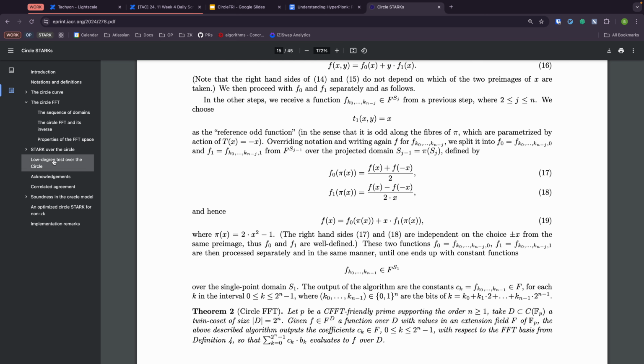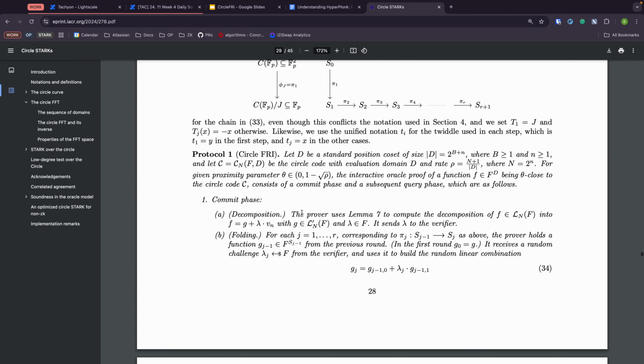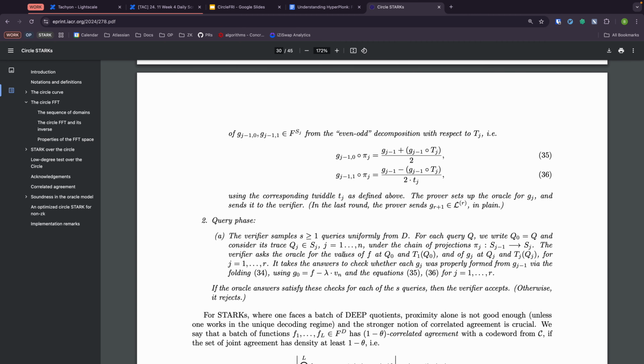Oh, this is this. So there's a preface. Let me see. Is that every round, or for the first one the polynomial should be f minus lambda?